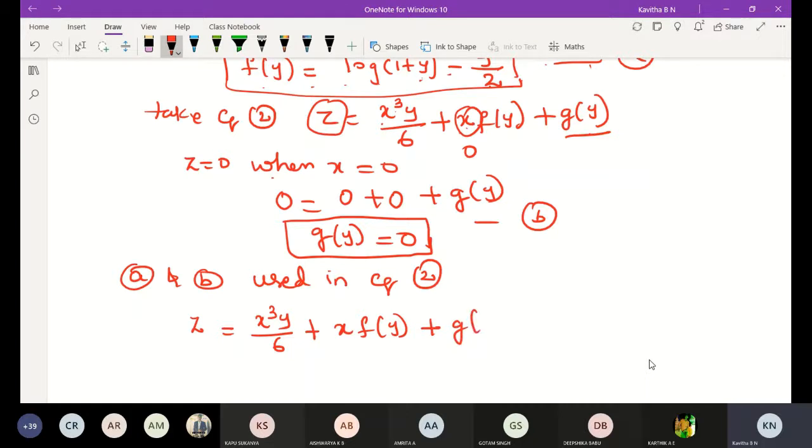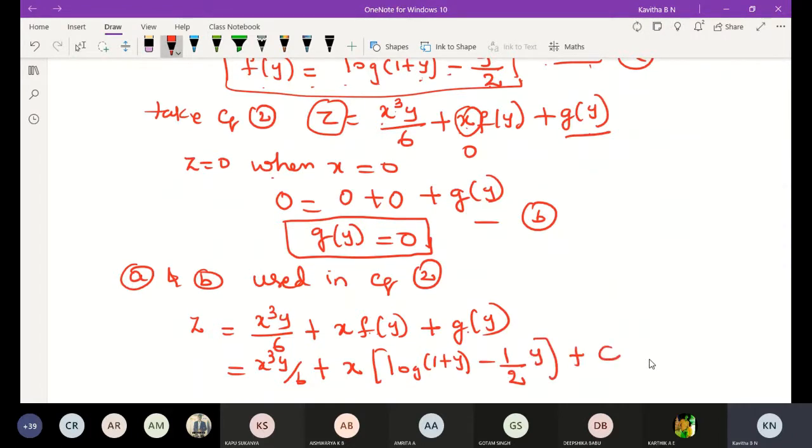Here x to the power of 3y by 6 plus x, the f of y value we just found, log of 1 plus y minus 1 by 2 y, then g of y is 0.